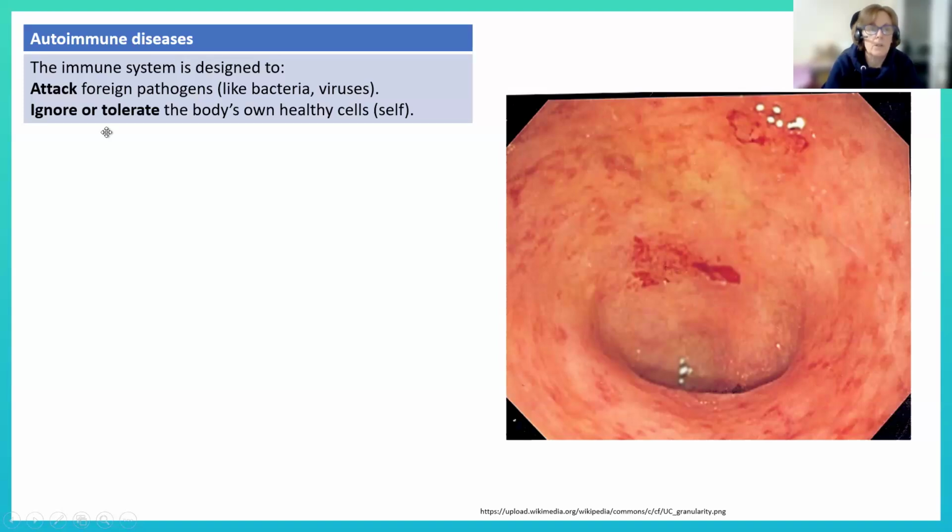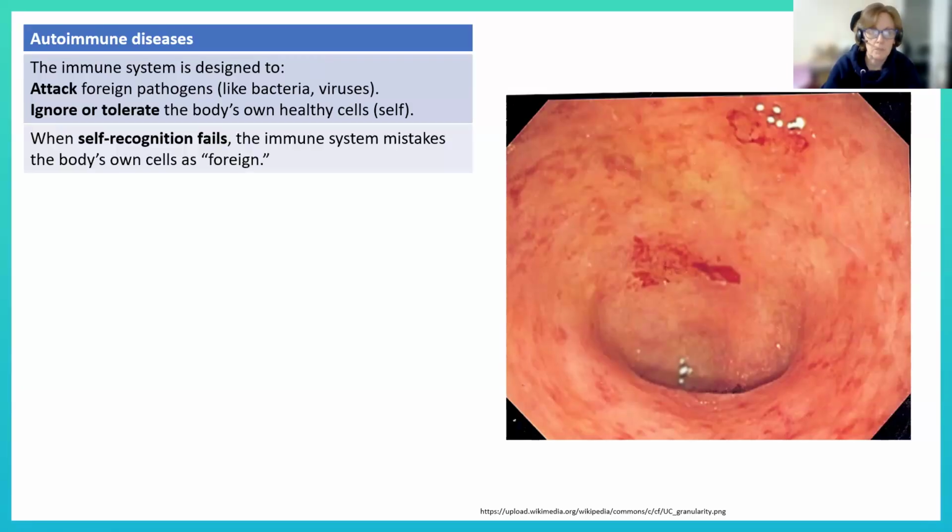So the immune system, as we were just looking at, is essentially, well, not really designed, but evolved to attack foreign pathogens like bacteria. And as we've just been talking about quite extensively, it's meant to ignore and tolerate the body's self cells. And if it's not a big infection or there's nothing major going on, it's meant to have a proportionate response.